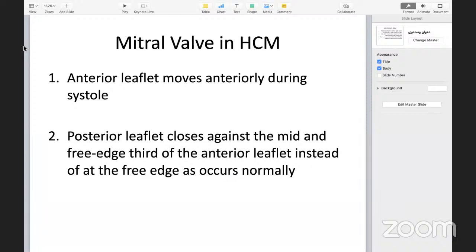The mitral valve in this disease: the anterior leaflet moves anteriorly during systole, as explained by Muhammad, and the posterior leaflet closes against the mid and free edge third of the anterior leaflet instead of the free edge as occurs normally.